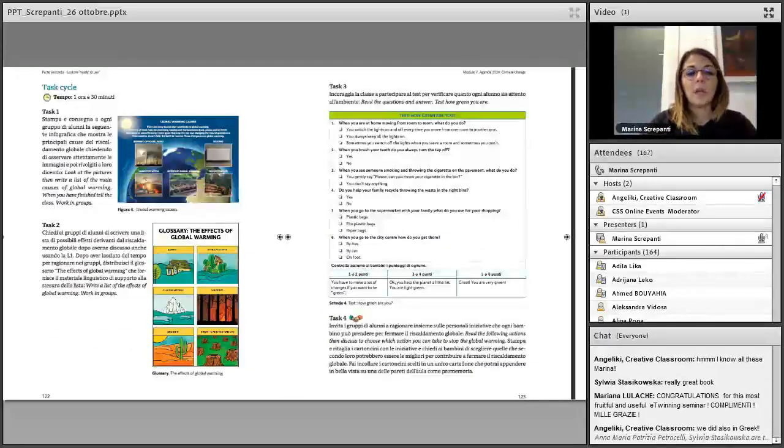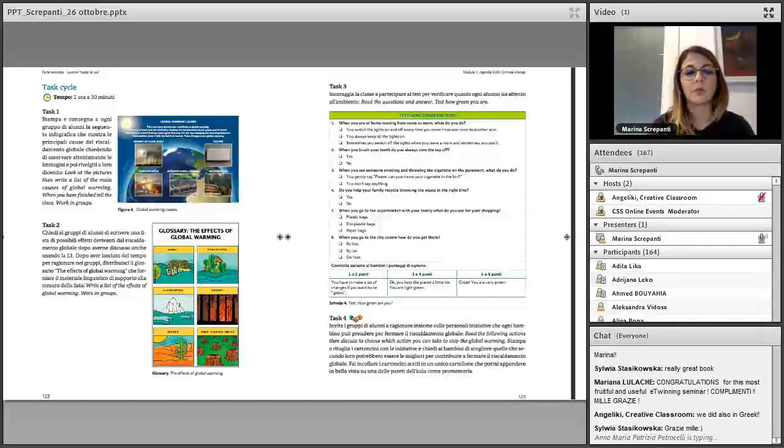Then here we start with the task cycle, and with the task cycle we go inside the topic of the climate change, and I ask for the analysis of some images to understand the causes of the global warming and then the effects.